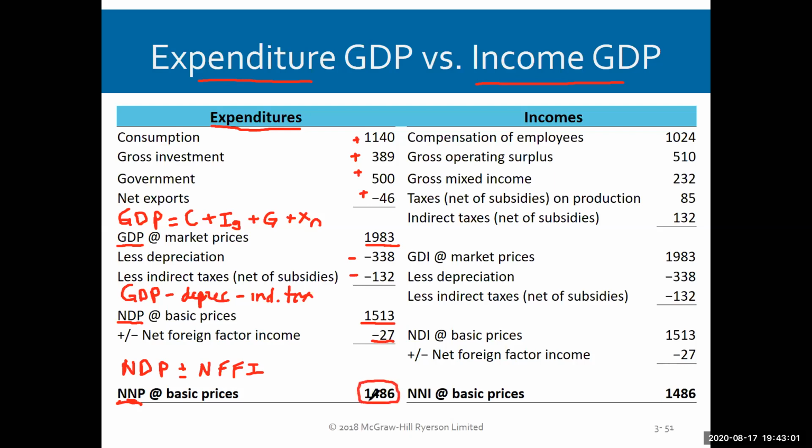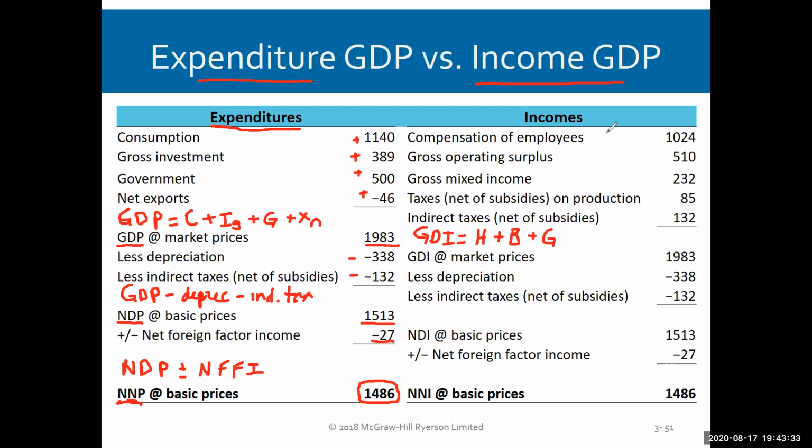Okay? So that's the extent of the accounting in this course, but you need to understand the concept, the difference between the expenditure approach and the income approach. So let's do the income approach. To get our gross domestic income, we simply add household income plus business income plus government income.